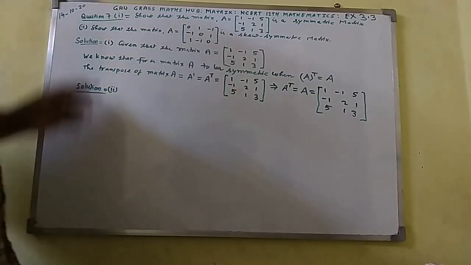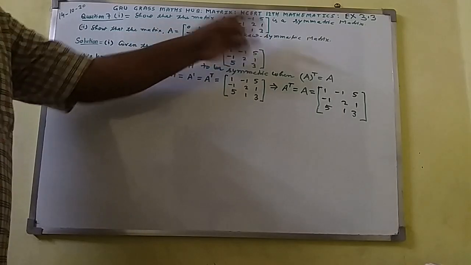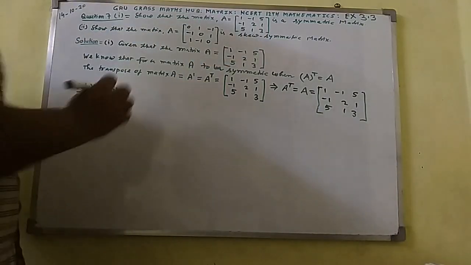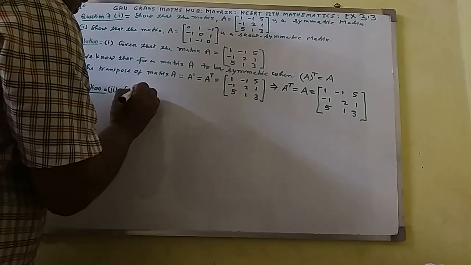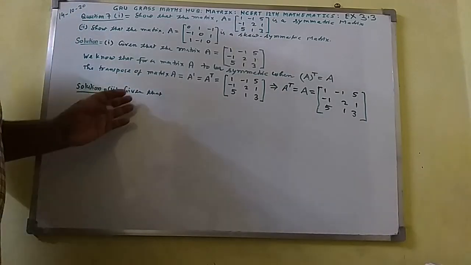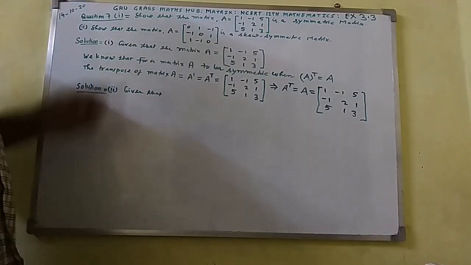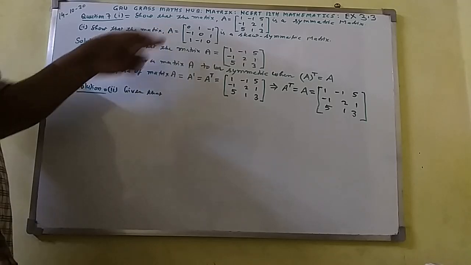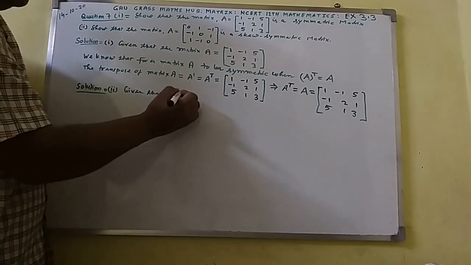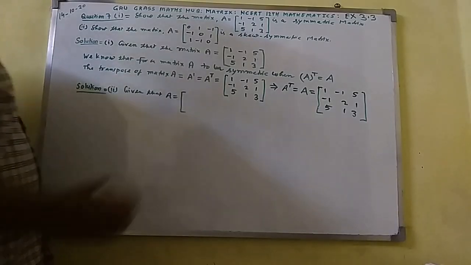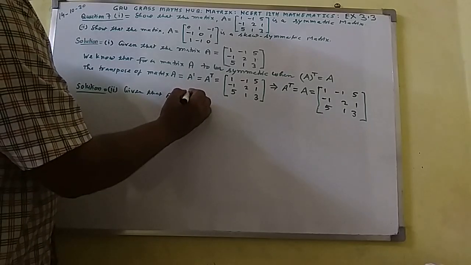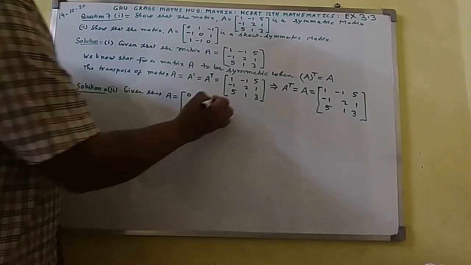Here I shall write so that the matrix A is a skew symmetric matrix. So here I shall write, given that matrix A equal to, the elements of first row I shall write 0, 1, minus 1.